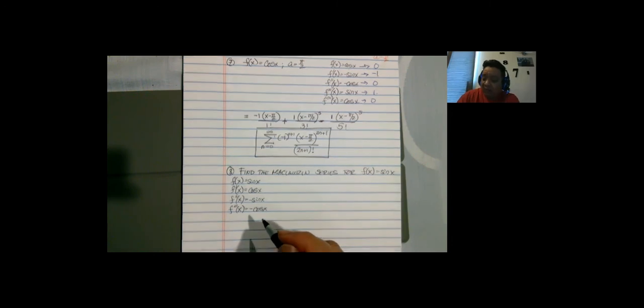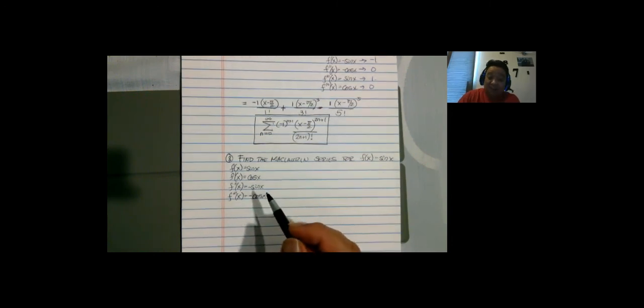Okay, so again, let's make a list. f of x is sine x. f prime is cosine x. f double prime is negative sine x. f triple prime is negative cosine x. And I just need enough that I will not get too many zeros.